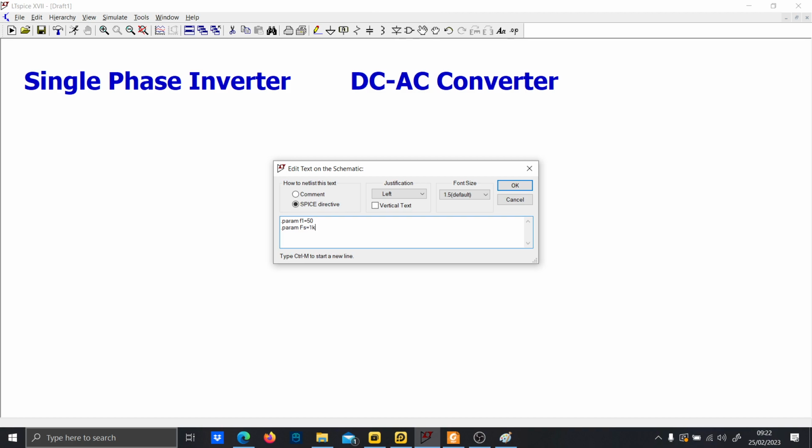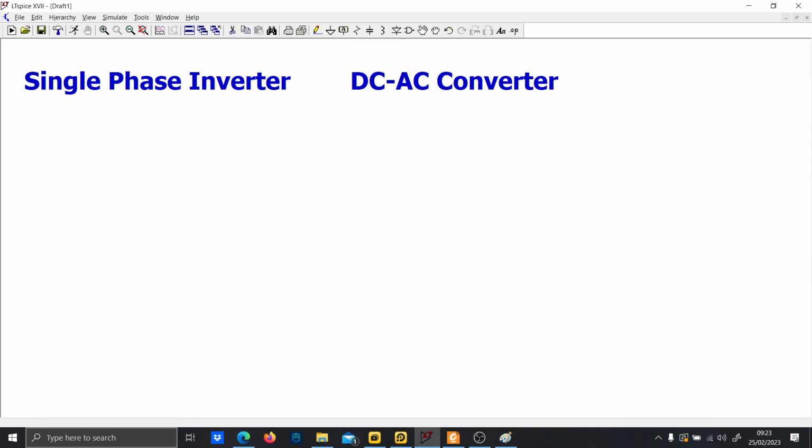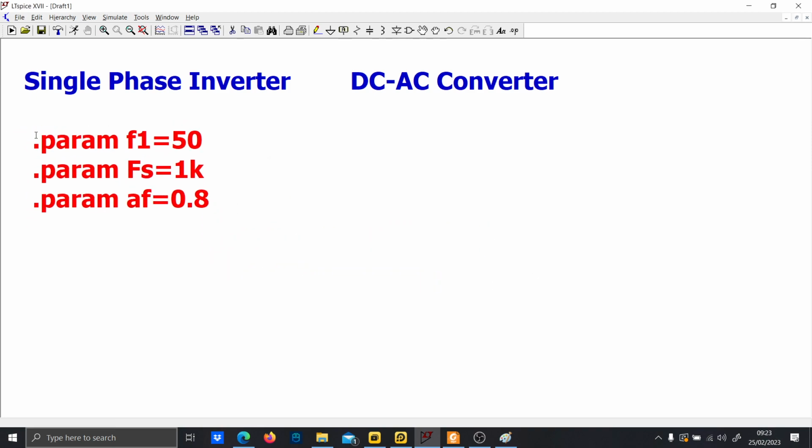We will put 1 kHz, since this is a high voltage application, and for an IGBT 1 kHz is a more than enough switching frequency. And then we also use the amplitude modulation factor, AF, which is, for instance, 0.8. These are the parameters that you need.